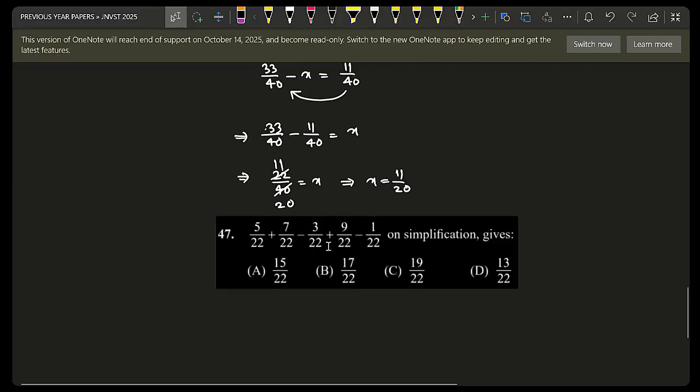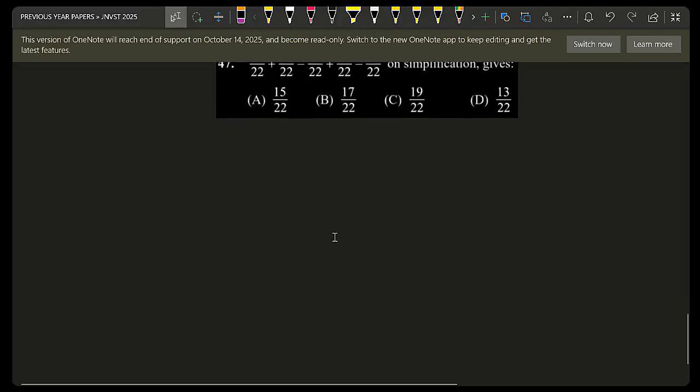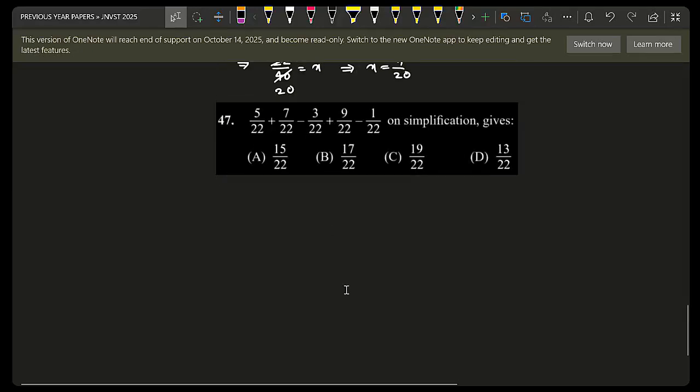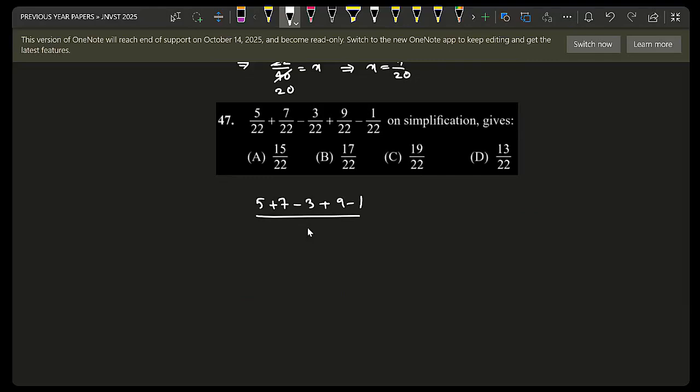So last question. This we have to simplify. These are like fractions because all of them have the same denominator. So directly we can operate on the numerators. Okay. So 5 plus 7 minus 3 plus 9 minus 1, all of them having the common denominator 22. So no LCM is required because all the fractions are like fractions.